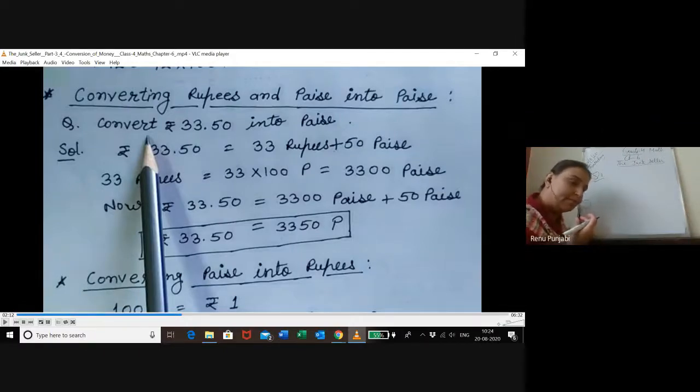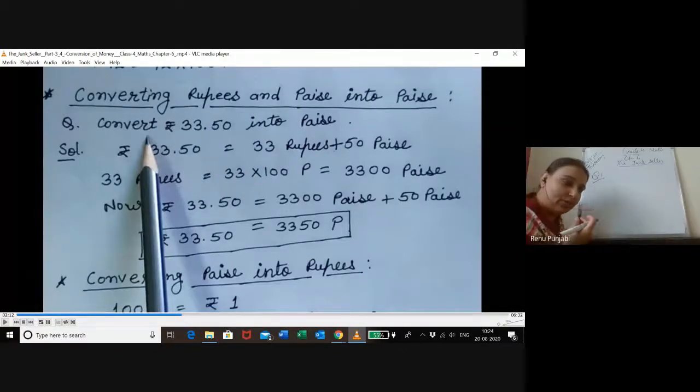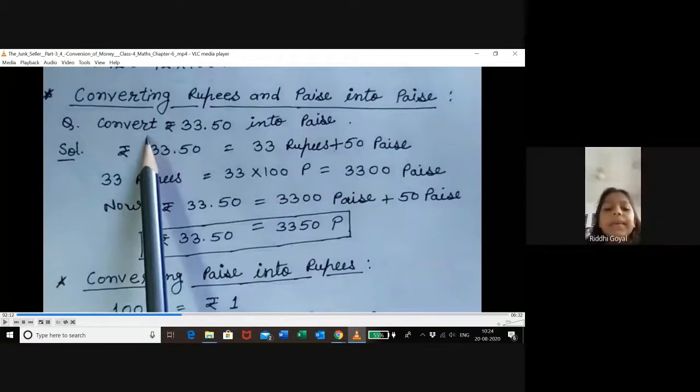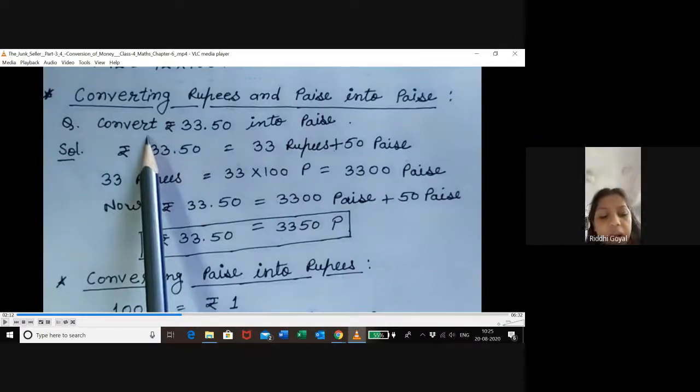100 paisa. Yeah. So you will give the 100 paisa to the shopkeeper. I mean that I will give one coin. One coin of how much? How many rupees are there in one coin? 100 rupees. Have you ever seen a 100 rupee coin? 100 paisa.